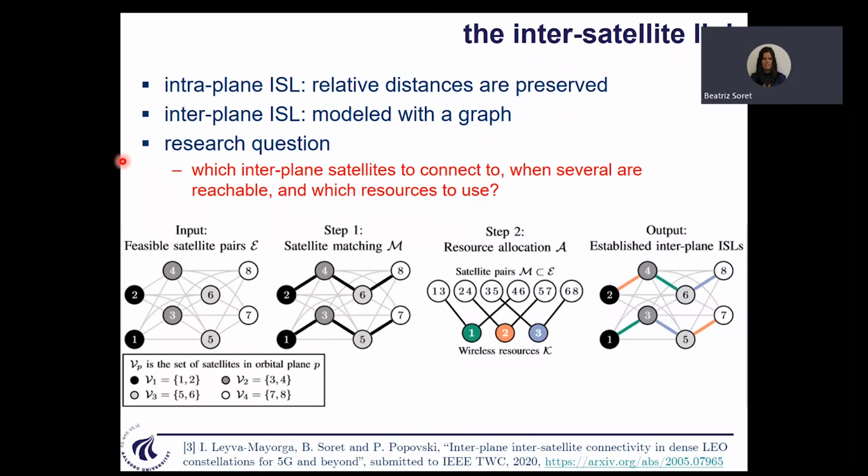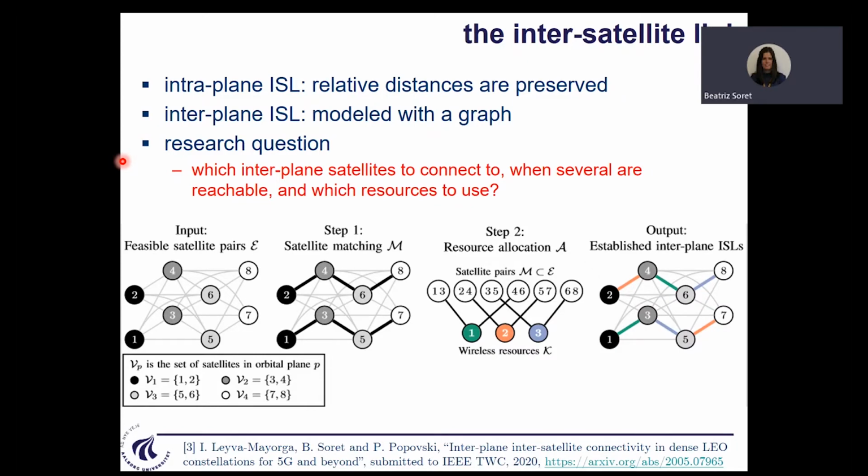Next I want to talk a little bit about the resource allocation in the inter-satellite link, because here there are some interesting technical problems. In the intraplane ISL, as I said, the relative distances are preserved, so it's a bit more classical link and it's easier to implement. But if we want to talk to satellites on the other orbital planes, then it gets a bit tricky.